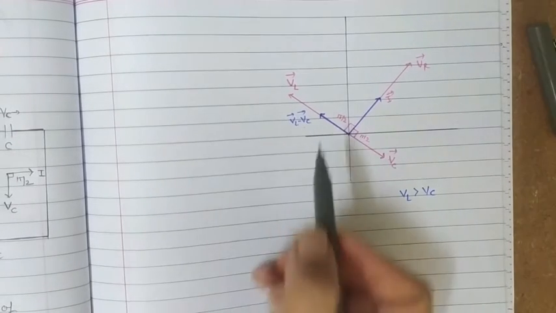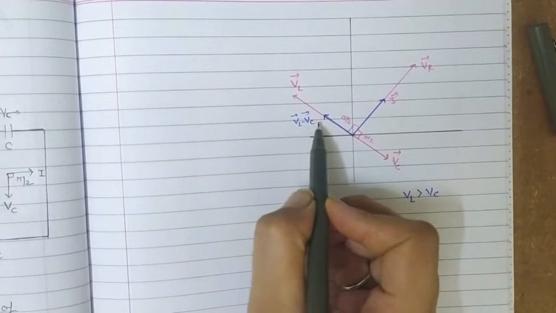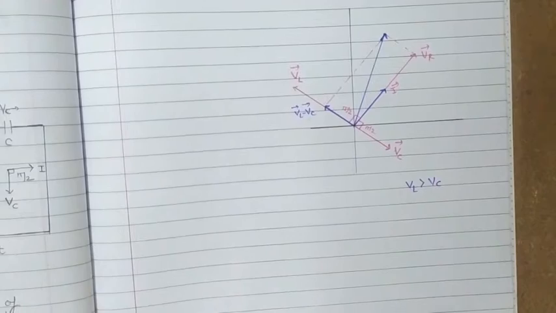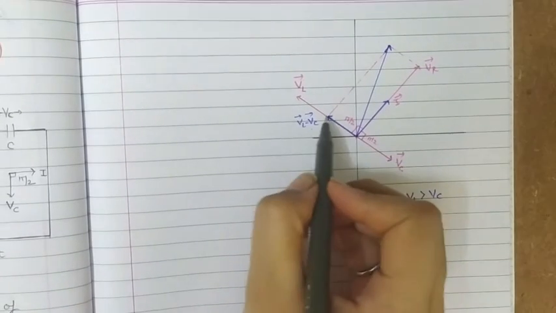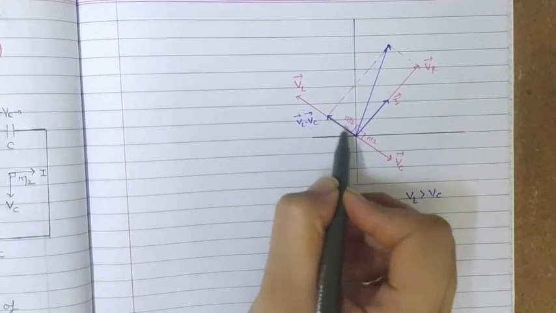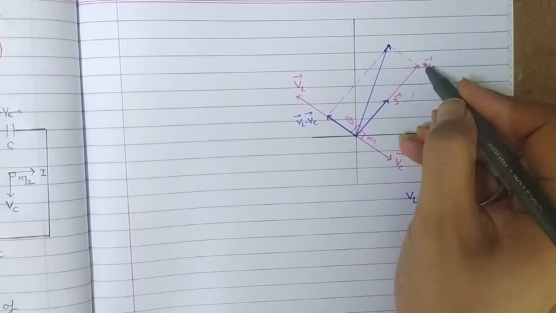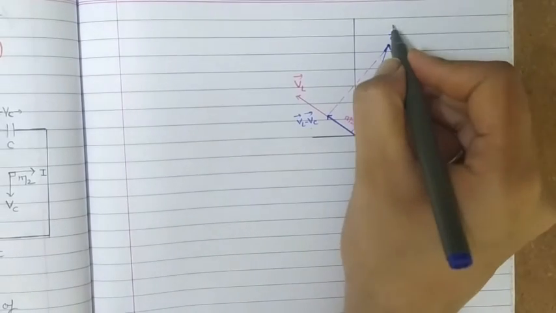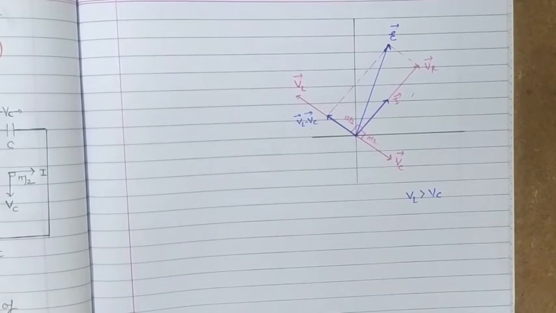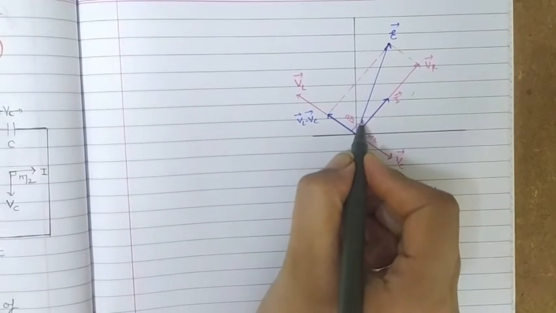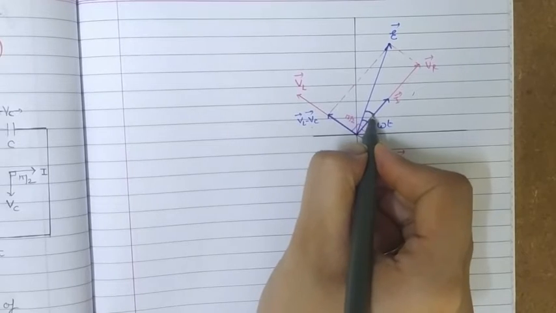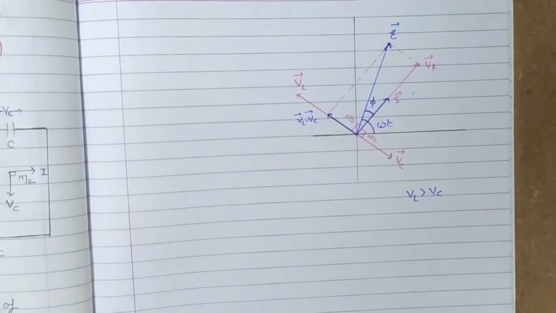Now we want to find the resultant of the VL minus VC vector and the VR vector. For this we are going to use the parallelogram law of vector addition. The diagonal gives us the resultant EMF epsilon vector, and this epsilon makes angle omega t with the axis and phi with the current.